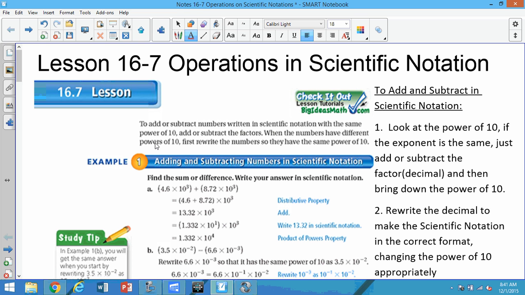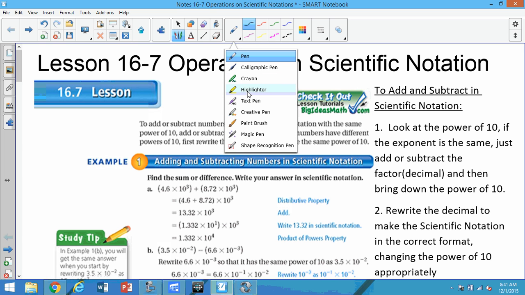You're going to add, subtract, multiply and divide. It allows you not to have to write them as large numbers, add them, and then put them back. This way you can just look at the factor, or the decimal number, that you're working with.